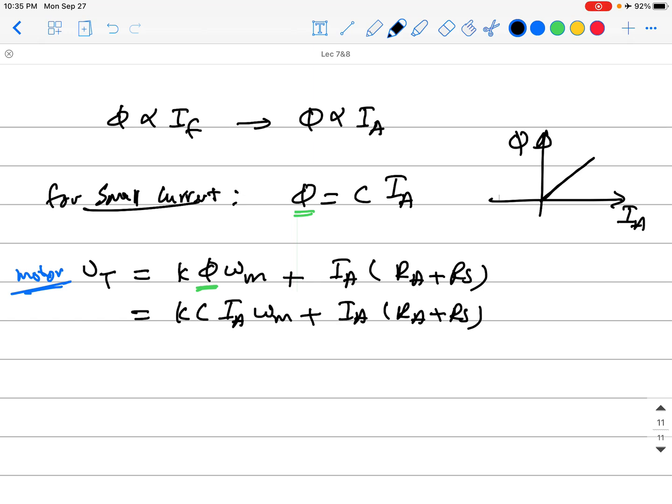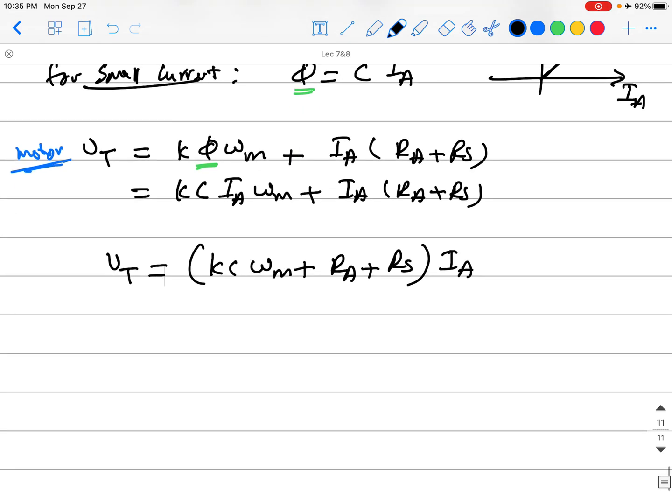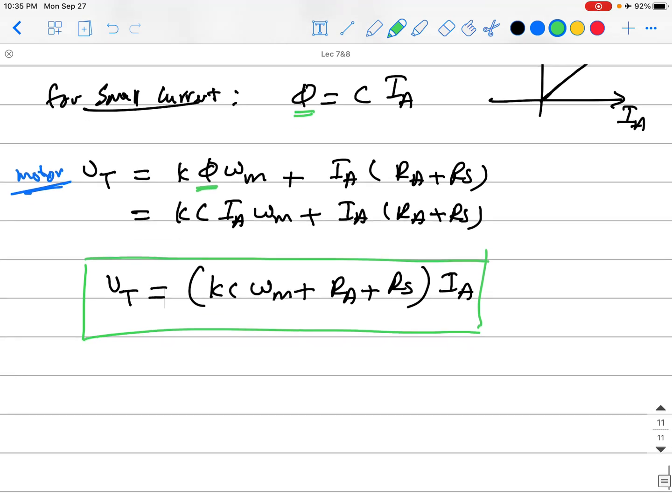So V terminal here will equal KC omega M plus RA plus RS, all of those multiplied by IA. That is the equation representing this current for the motor mode.